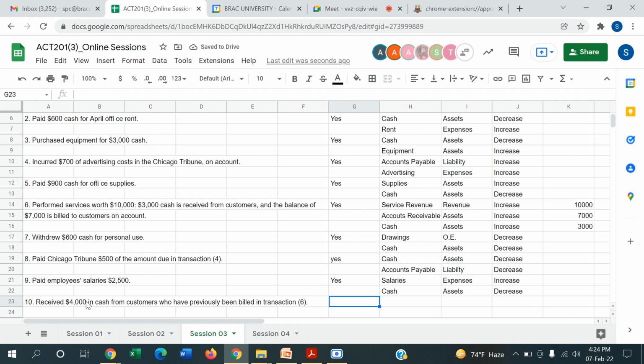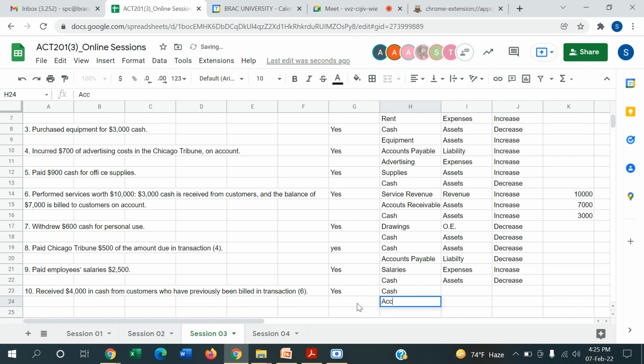And the last one, receive 4,000 in cash from the customers who have previously been billed in transaction 6. So in transaction 6, what happened? You provided a service of $10,000, and then 3,000 was received in cash, 7,000 was due. This 7,000 is supposed to be received in future. Now you are going to receive 4,000 of this 7,000. Definitely it's a transaction. What are the accounts? Cash and accounts receivable.